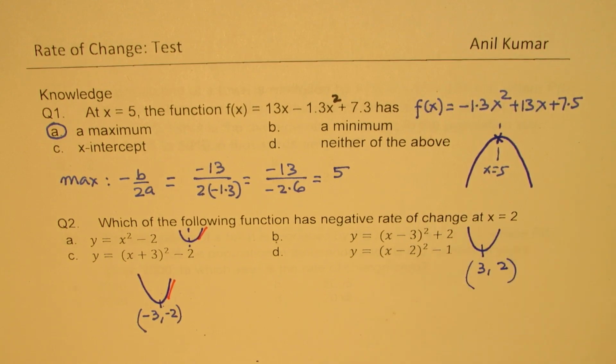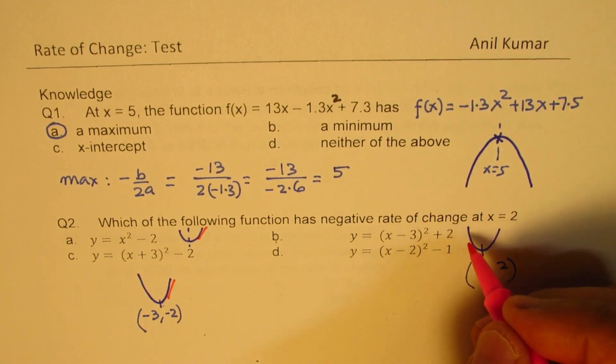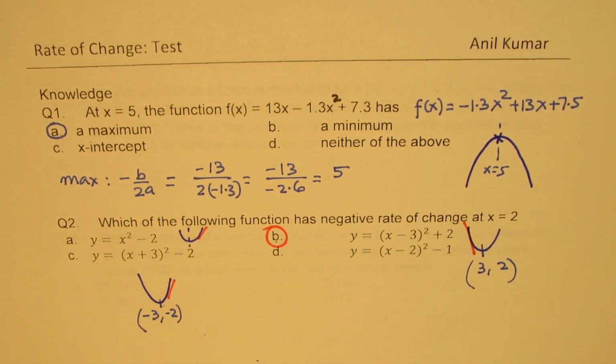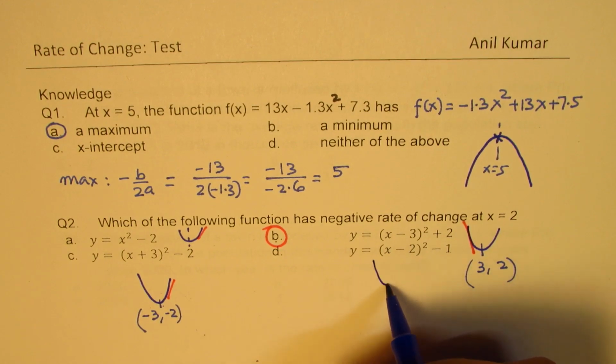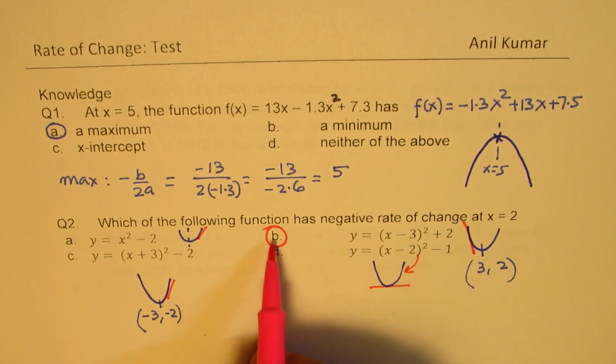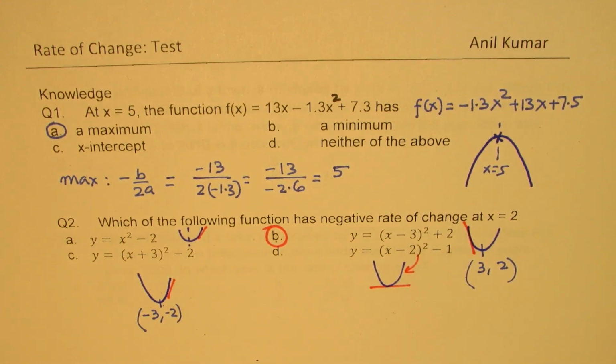Now, since it is opening upwards, x equals 2 will be on the left side, so that is the right answer, correct? We have a negative rate of change. Now this last one has a vertex at 2 itself, so we have a horizontal rate of change in this case. So only negative for part B, clear?